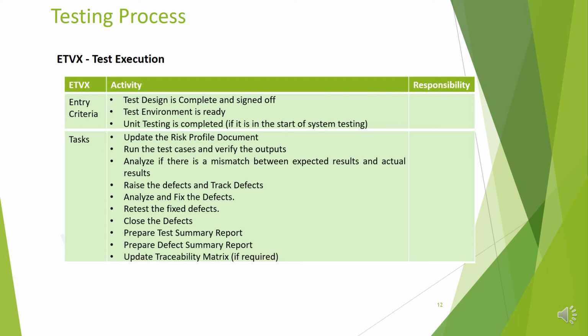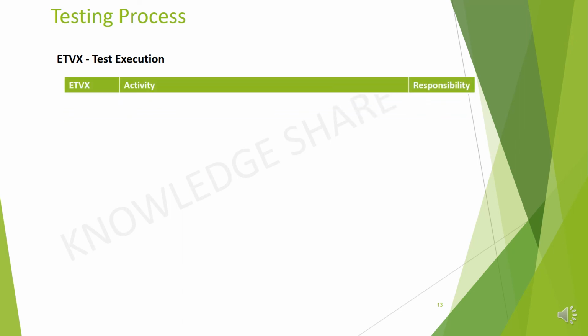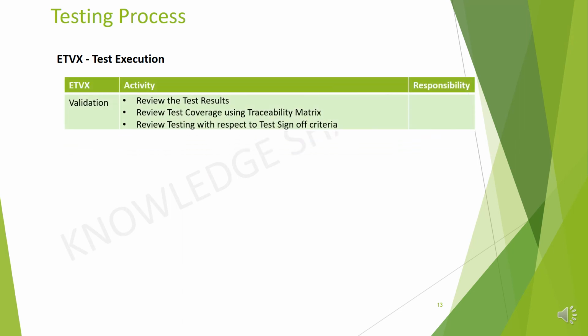Produce test summary report, produce defect summary report, and the last is update traceability matrix. Under validation, the activities are: review the results, review test coverage using traceability matrix, and review testing with respect to test sign-off criteria.